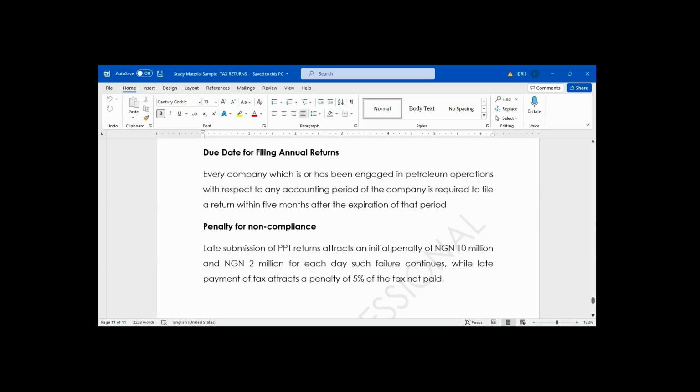Sir, before your line went off, you were trying to say something. I didn't get what you were saying. You talked about the commencement of a new company, the pre-operation levy. Companies that are yet to commence a business, but have incorporated, will not file company income tax return.